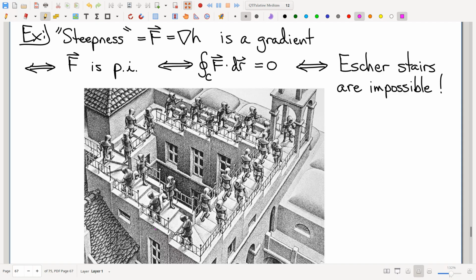Okay. So for whatever it's worth, this observation that we just made about gradients and path independence and circulations having to be 0 is kind of a mathematical take on why this is a picture of nonsense. So let's let h be the altitude function. Wherever your x and y are, h is your altitude. How far above sea level are you?